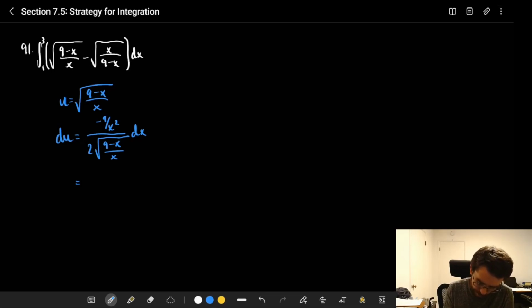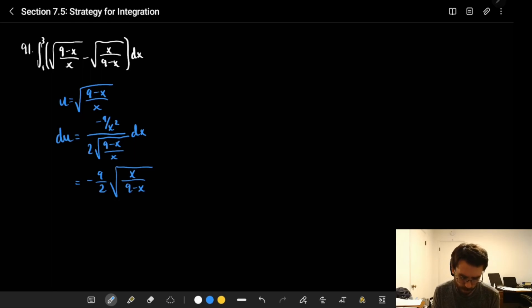That becomes, let's put the constants out front, negative 9 halves. Lord, okay. I guess the square root flips then. And then what about the x squared? I guess I could put that a number of places.